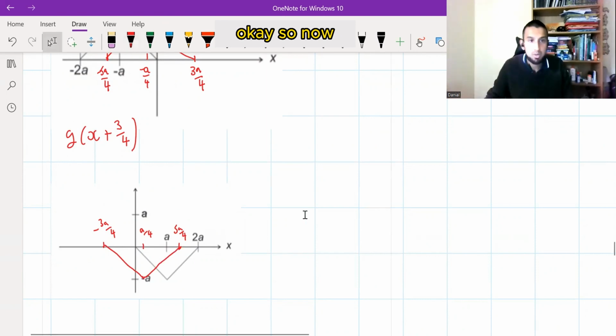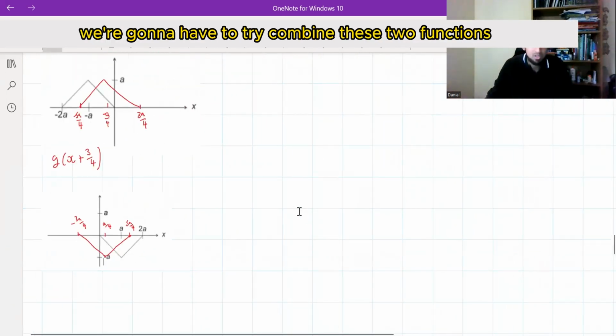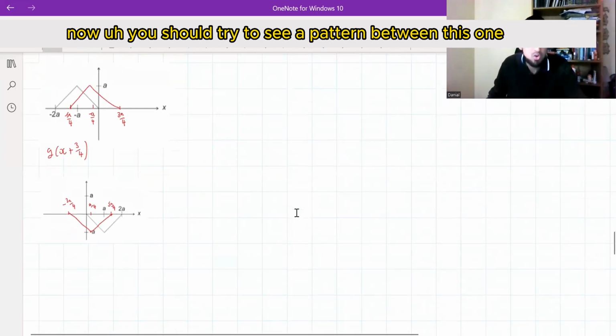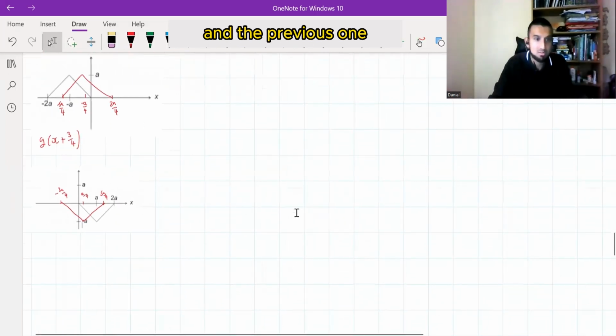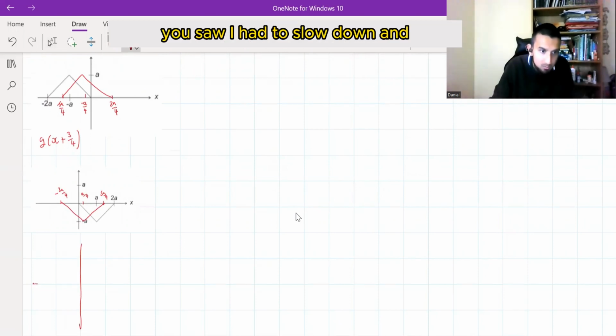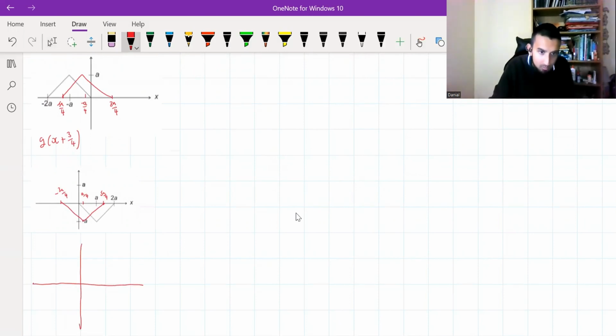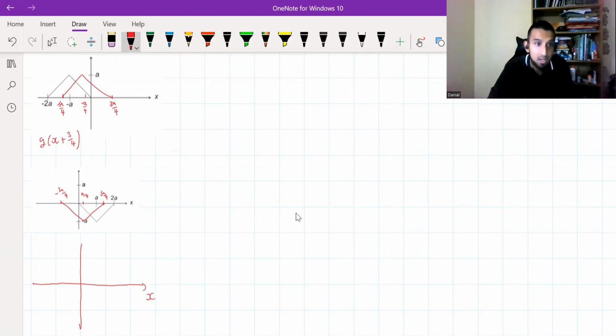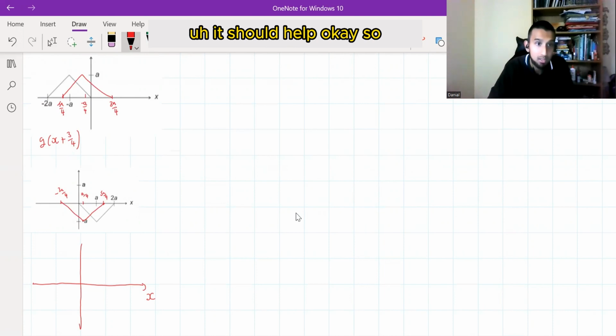Okay, so now we're going to have to try to combine these two functions. Now, you should try to see a pattern between this one and the previous one. The last one, you saw I had to slow down and explain it very slowly, and hopefully if that made sense, it should help, okay?